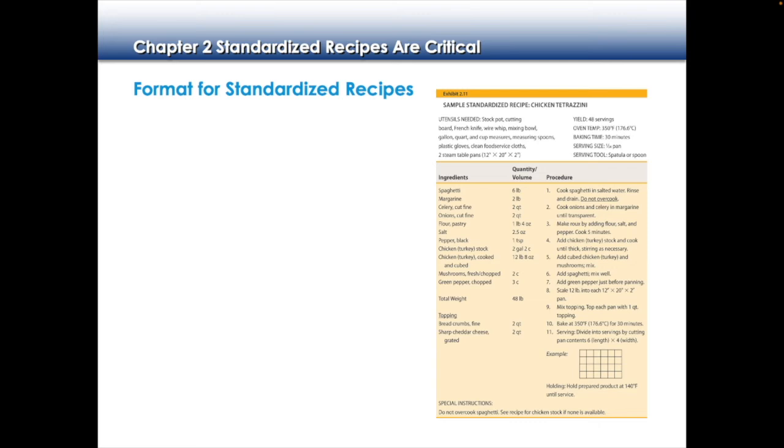That means how many servings we're going to get. We also need to know the serving size of that particular item, the oven temperature, the baking time, the serving tools, all of the things that you would think you would need so nothing gets left out of the mix. Then we have all the ingredients and their quantities listed with their units of measure, and then the procedure.